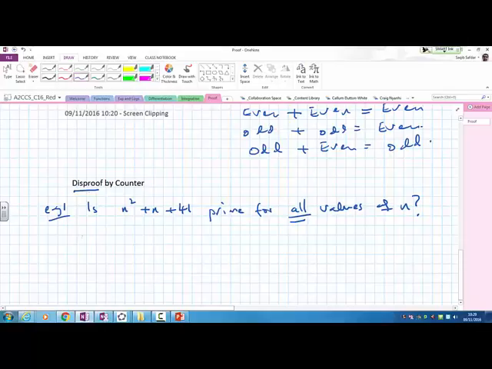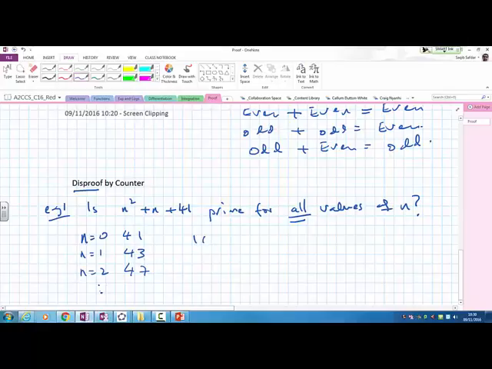So what we'll do is put n equals 0, that gives us 41. n equals 1 will give us 43. n equals 2, 2 squared is 4, plus 2 is 6, plus 41 gives us 47. And so forth. So far it's working.